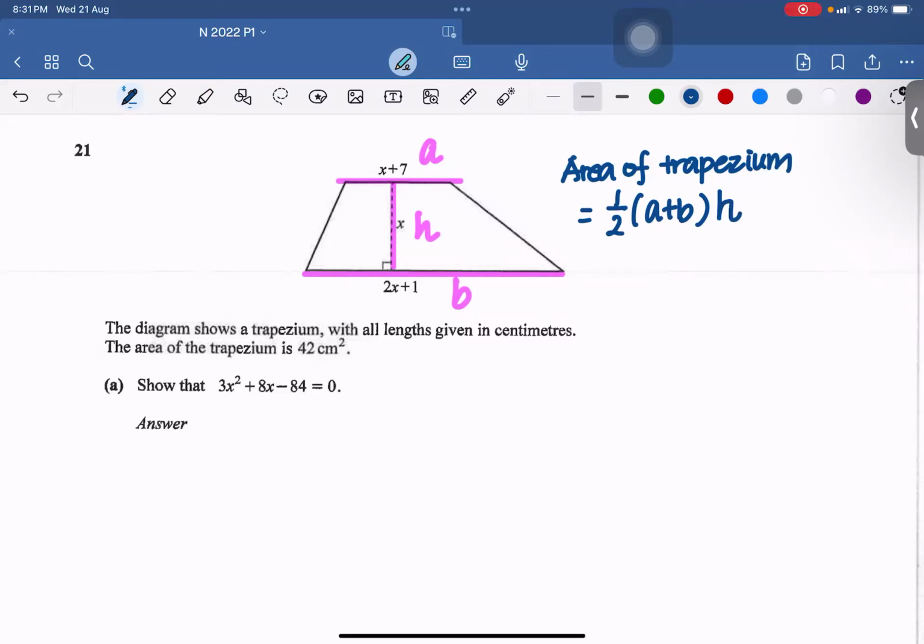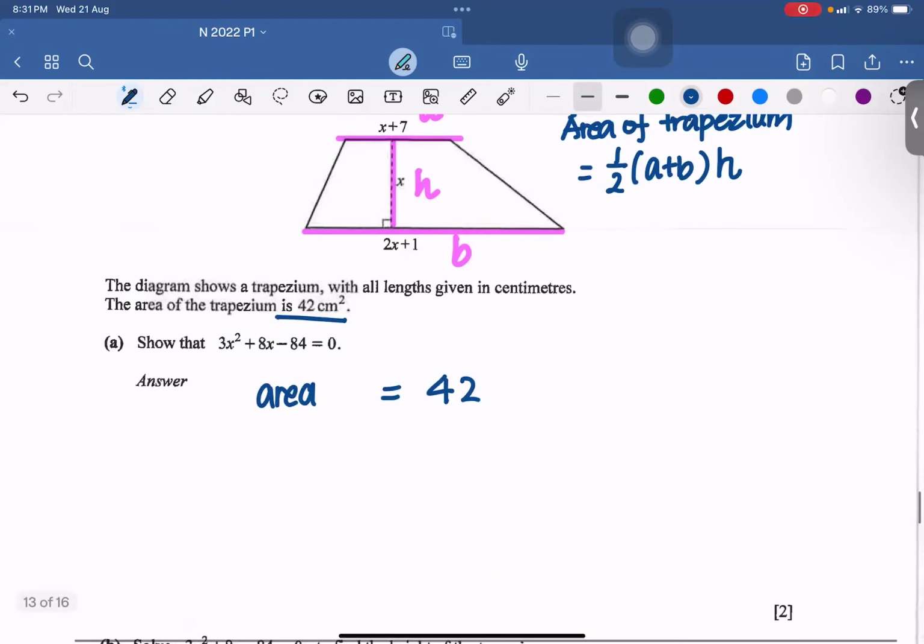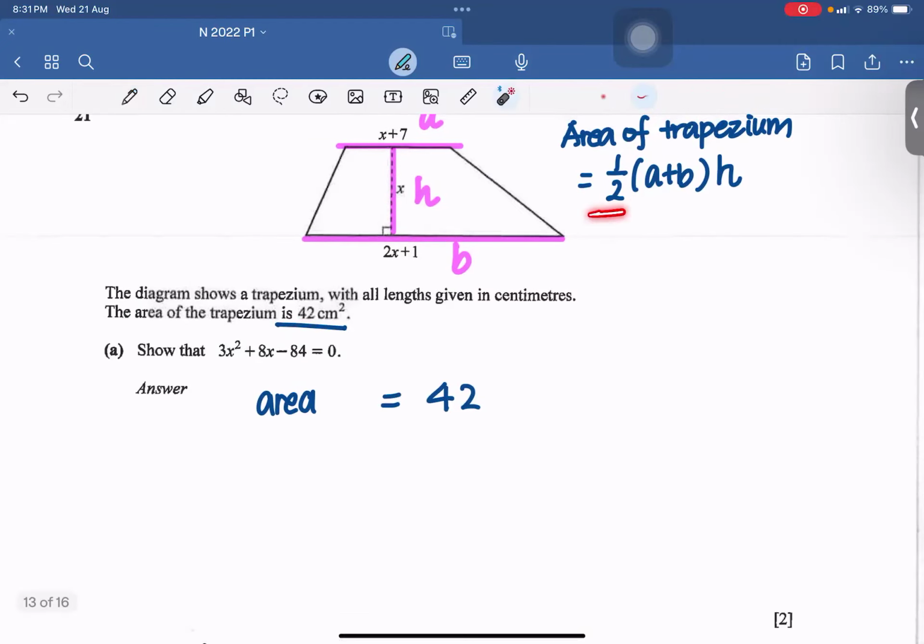Okay, so once I know the area of the trapezium, I'm going to plug in my formula. They say the area equals 42, meaning they want me to form an equation. So how do I start off the equation? Area of trapezium using this formula over here. Half bracket A plus B times height equals 42.